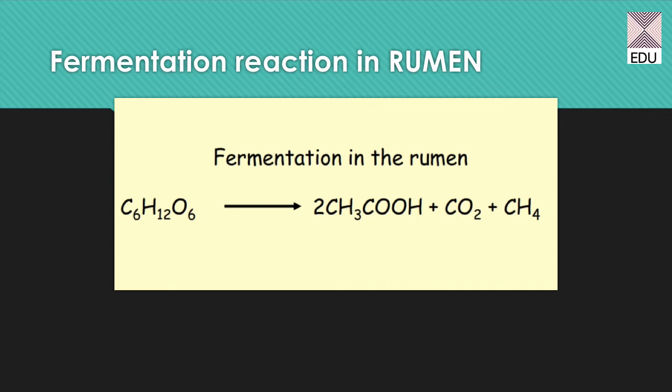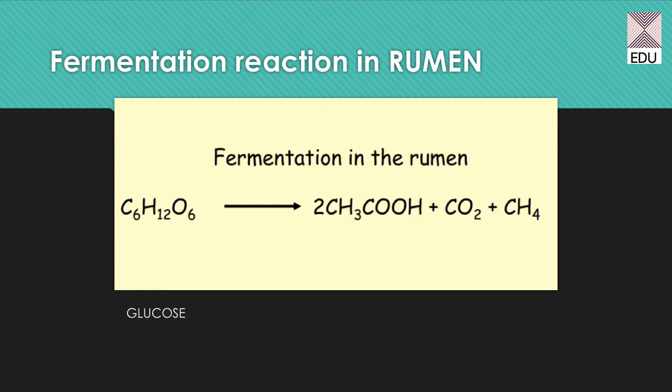Now, this is a very simple equation. As we have discussed earlier, the bacteria require glucose for anaerobic respiration. So this glucose is also fermented in the rumen.